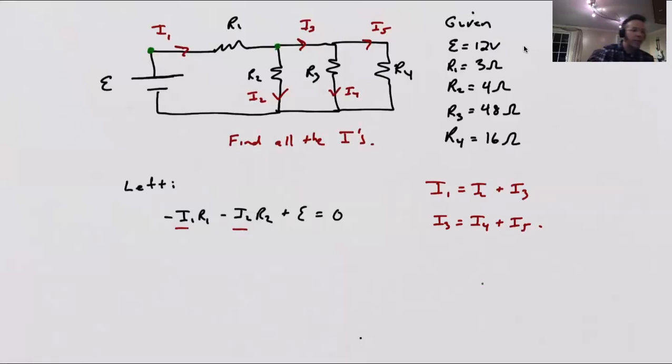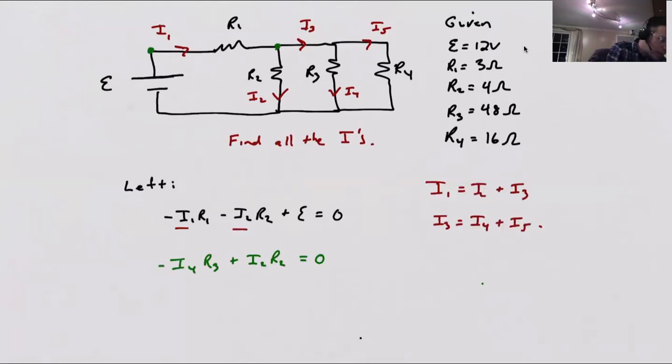The middle loop, starting from that point. The first thing I do is I lose an I4 R3. Then I come back around and I pick up an I2 R2, and I'm back home, so that equals 0. To make my life a little easier, let me do exactly what I did last time and get these equations down into their simplest fashion.